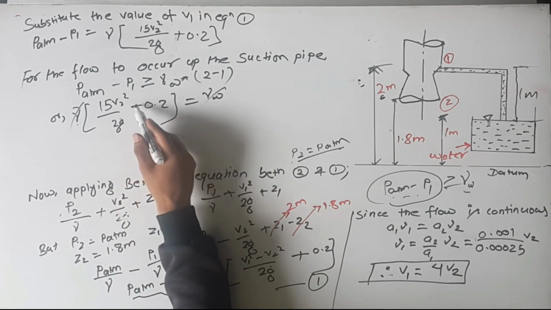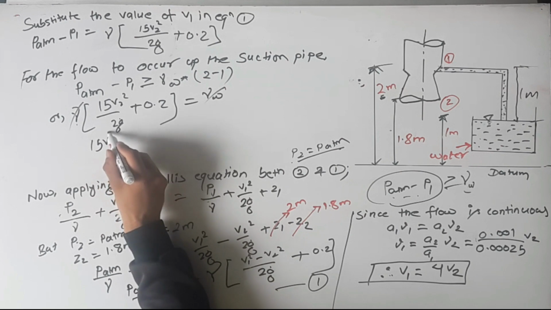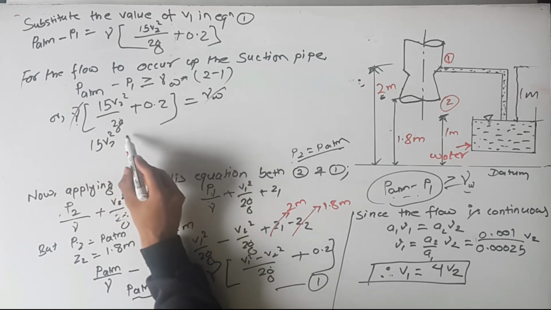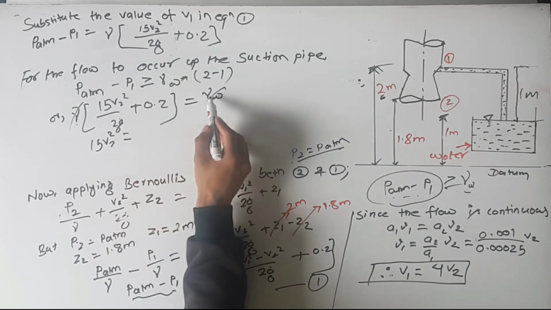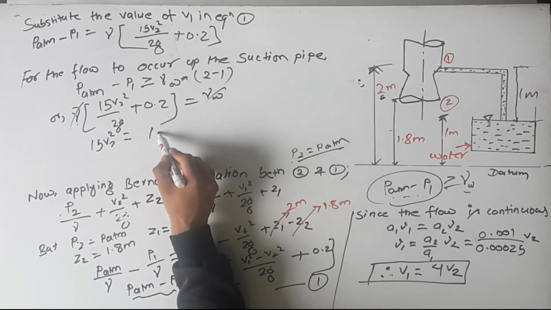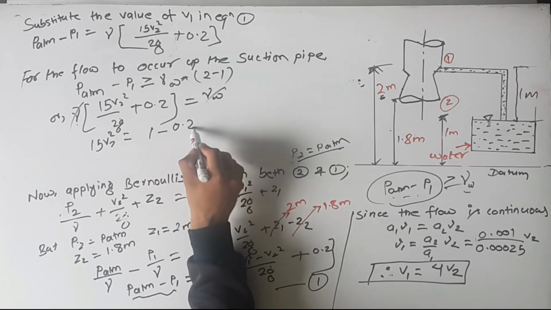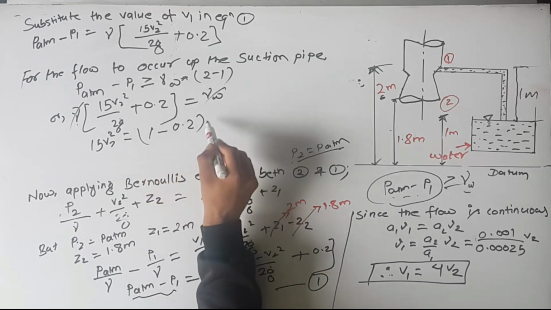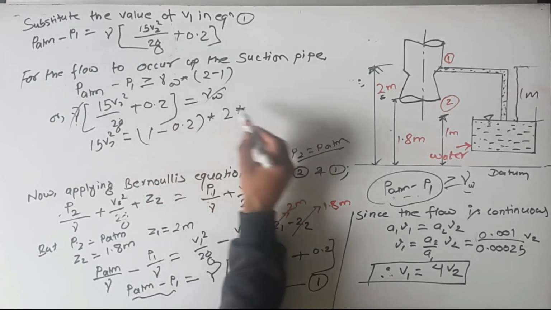We can find the value of V2 here: 15 V2 square equal to 1 minus 0.2, multiplied by 2G. 2 into G is 9.81.